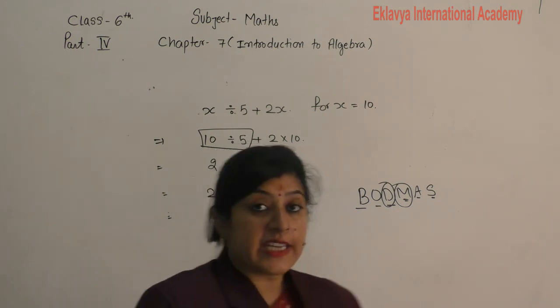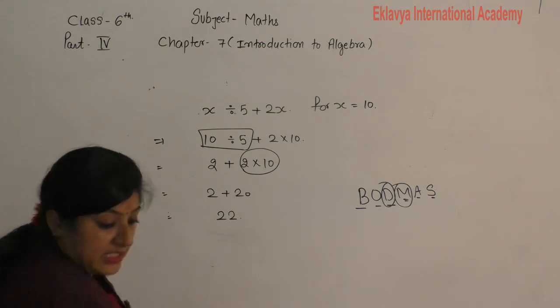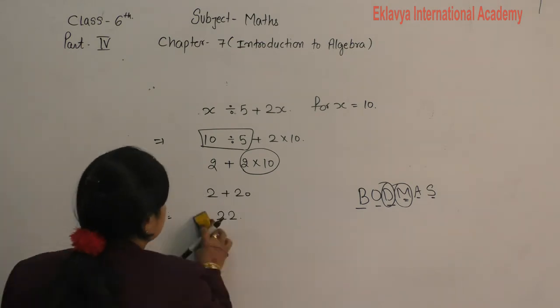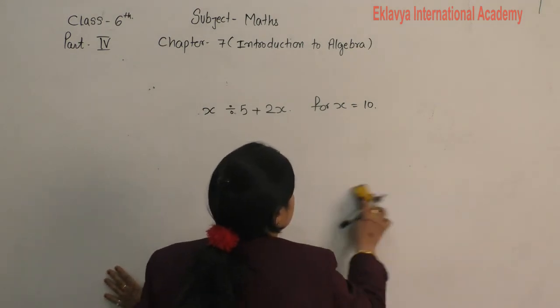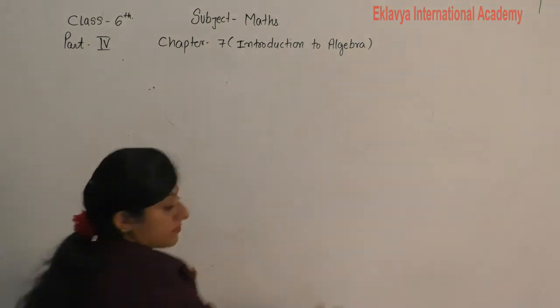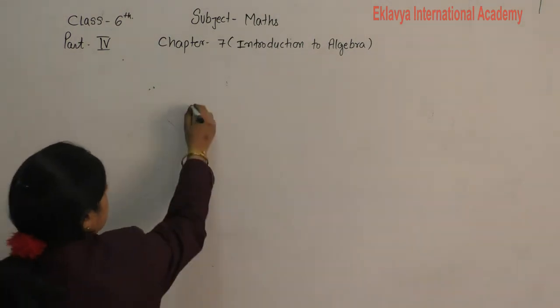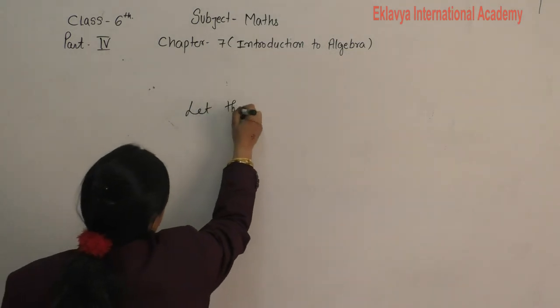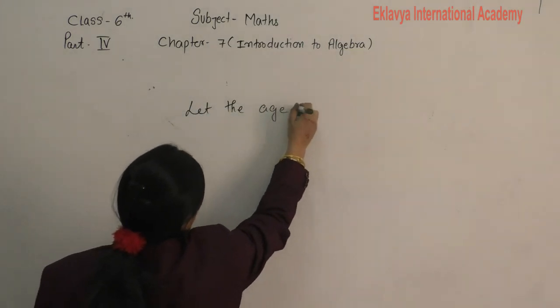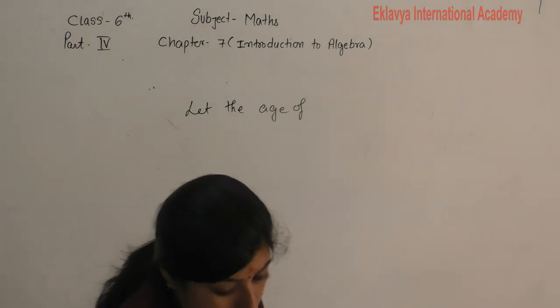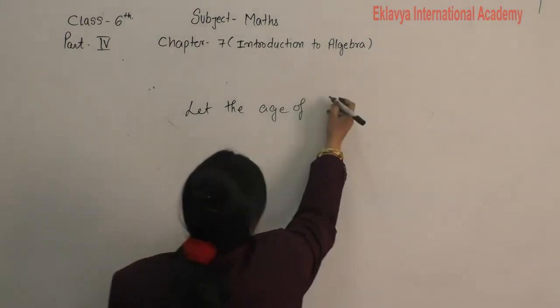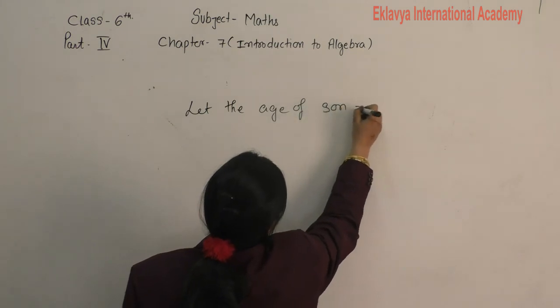So if age is given, let the age of son be x years.